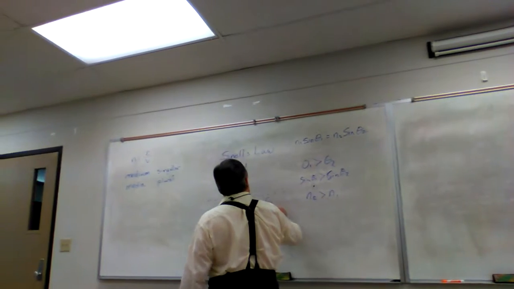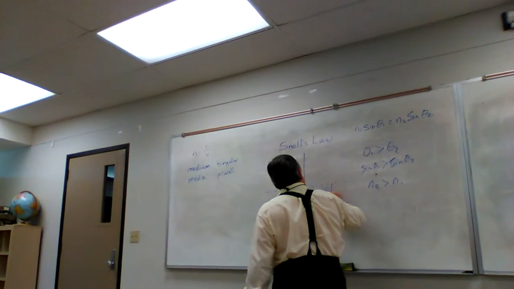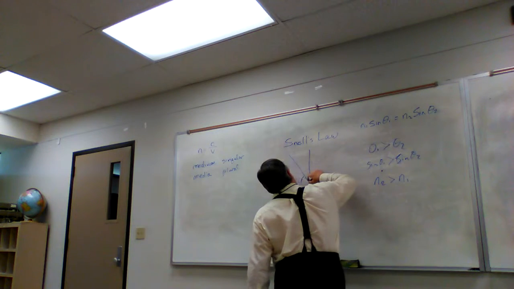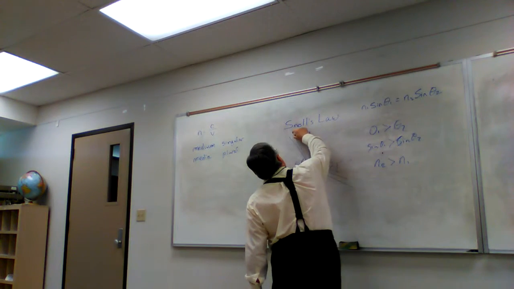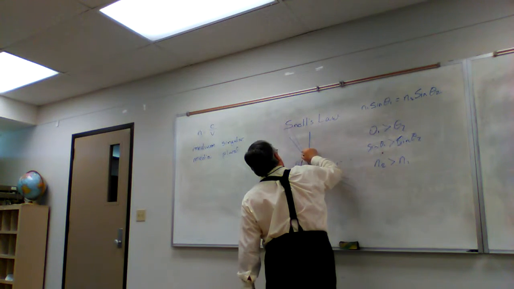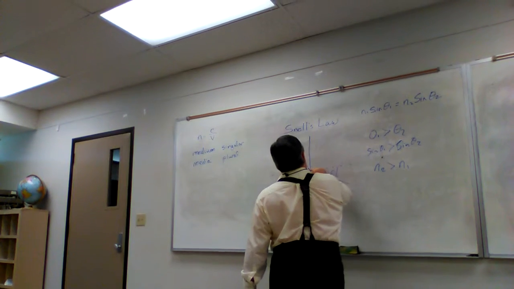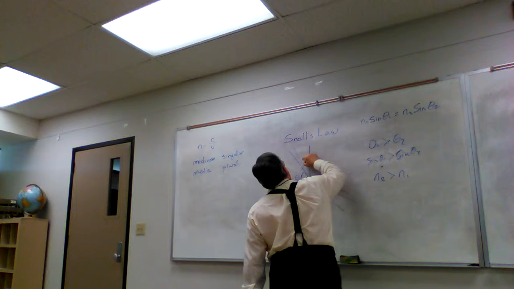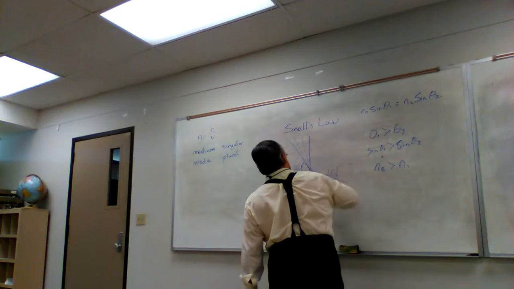Now, that's the phenomenon that we want to look at right now. What happens if I make theta 2 a little bit bigger? Theta 1 gets a little bit bigger. Make theta 2 even a little bit bigger than that, and theta 1 gets even a little bit bigger than that.